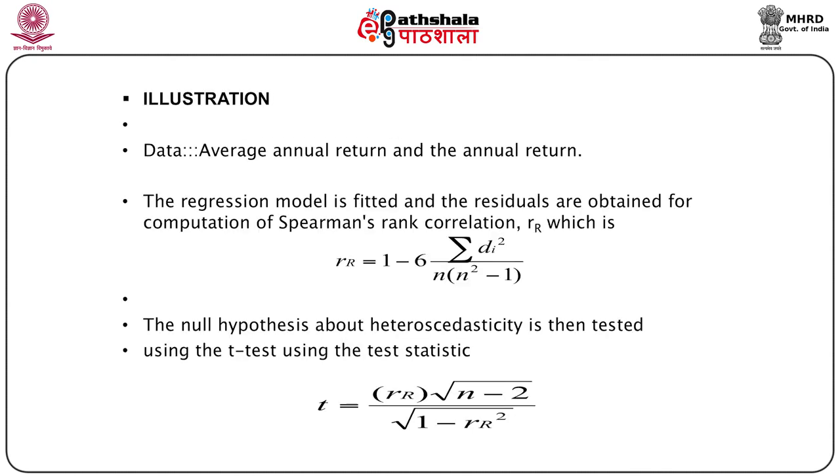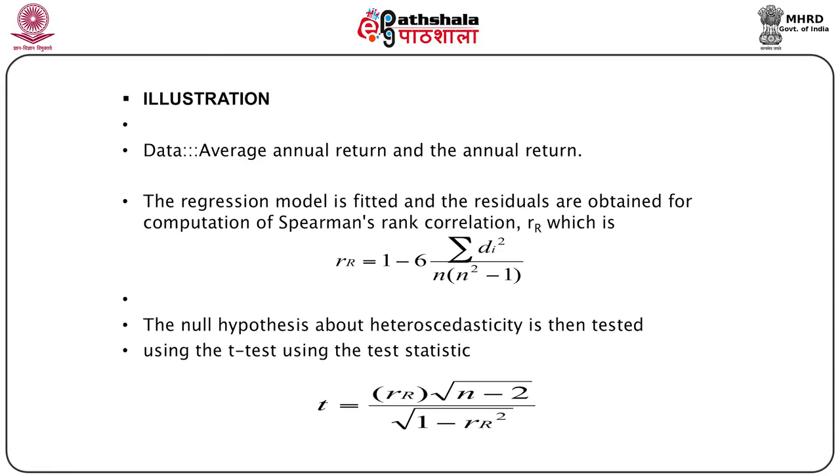Now let us illustrate the rank correlation coefficient test using an example. To illustrate the rank correlation test, we consider the data pertaining to average annual return and the annual return. The regression model is fitted and the residuals are obtained for computation of Spearman's rank correlation coefficient, denoted by r, which is given by 1 minus 6 times the sum over di squared divided by n times n squared minus 1.